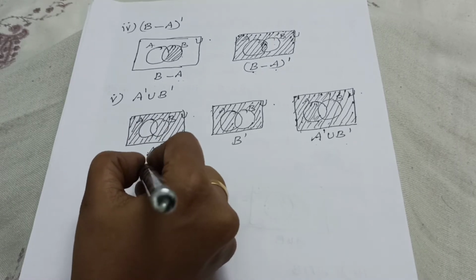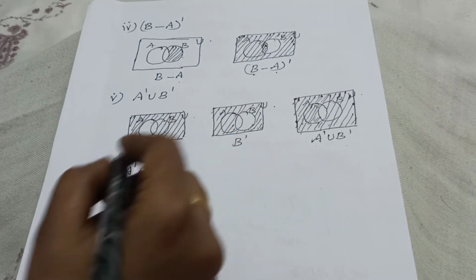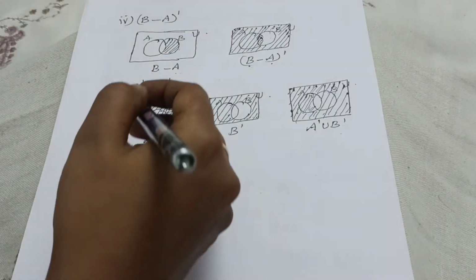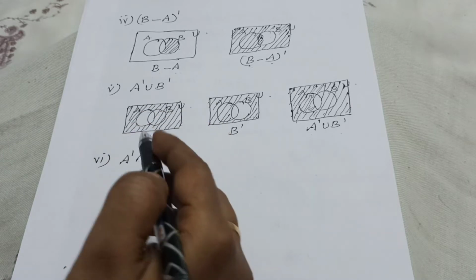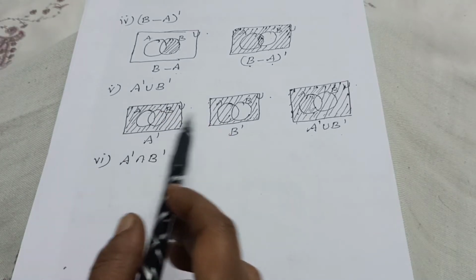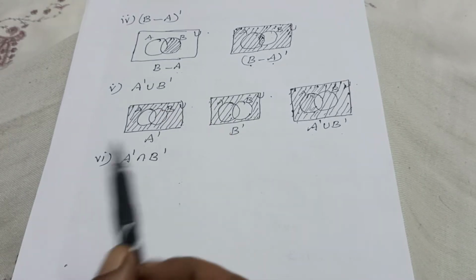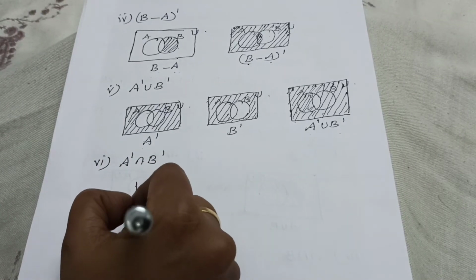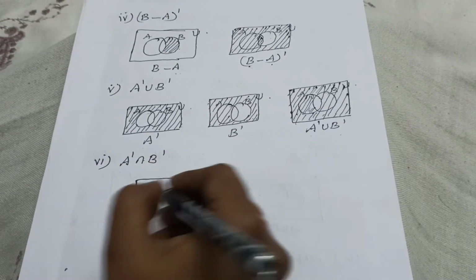A dash intersection B dash. Here A dash we already drew, and B dash also. These two we have to compare, so one diagram is enough here.